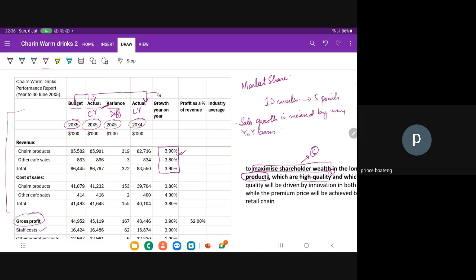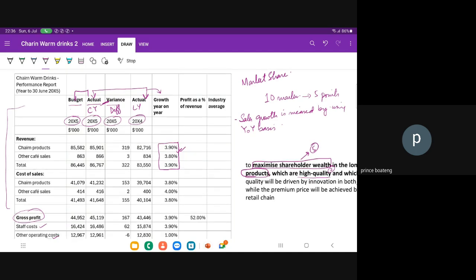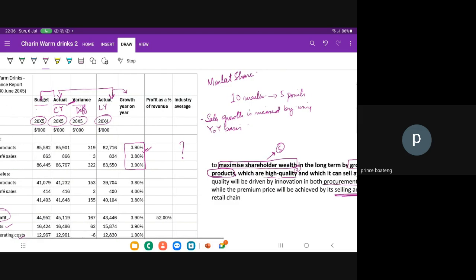So how can we write it? We can write that, look, the company is measuring sales growth on the basis of year-on-year increase in sales. However, it does not capture whether the company is moving in line with the industry average. And for that, it's extremely important for the company to mention industry average, right? So this is the complete answer. First of all, we have to write the reason why we think that there is a problem.